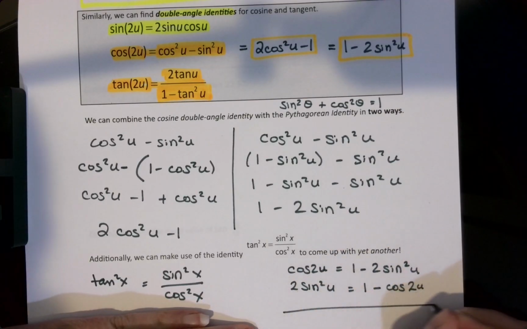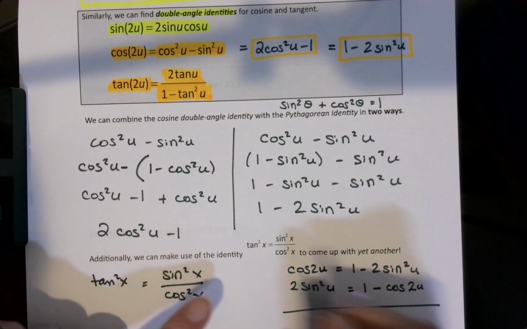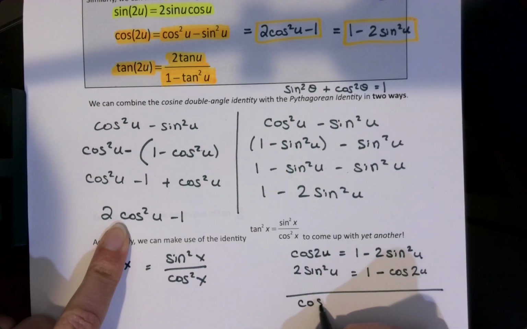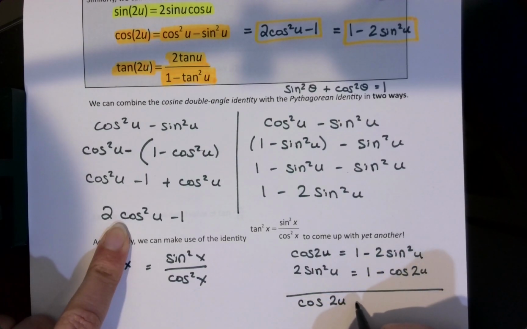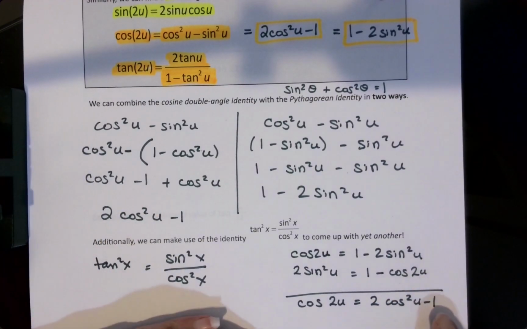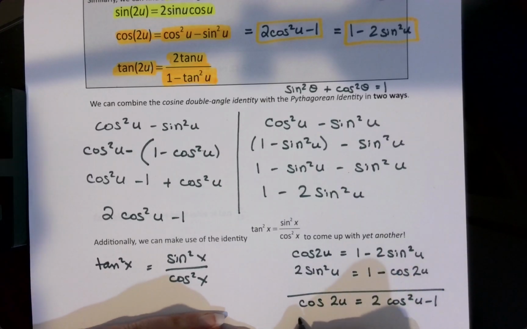And while we're working on this, these are going to be our notes on the side over here. We also know that cosine of 2u is equal to 2 cosine squared u minus 1. So let's add that 1 over here.